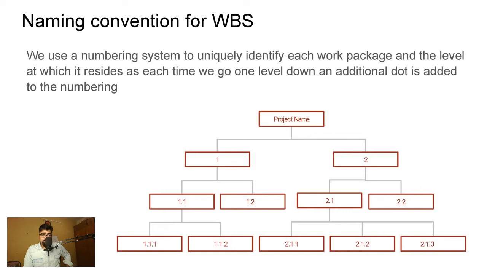And the next level, if you could see, it's 1.1.1, 1.1.2, 2.1.2, 2.1.3, 2.1.1, right? This is how the work is broken down so that you understand which work package maps to which work at any given point in time in the hierarchy. That is the naming convention for a WBS.